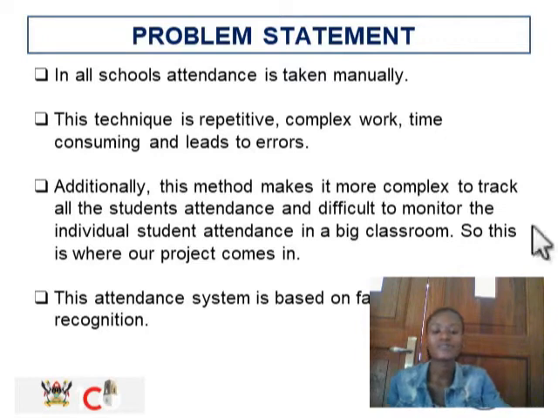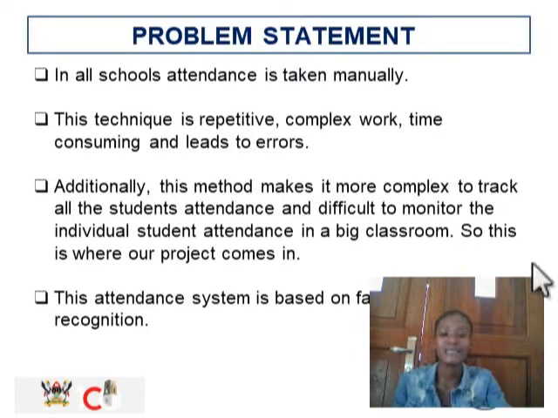So it's really hectic. It's very hard. So that's the point from which we came up with our idea, that's going to really make things easy, and it won't consume time.